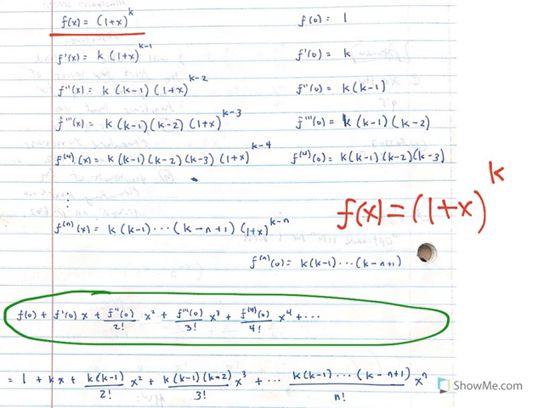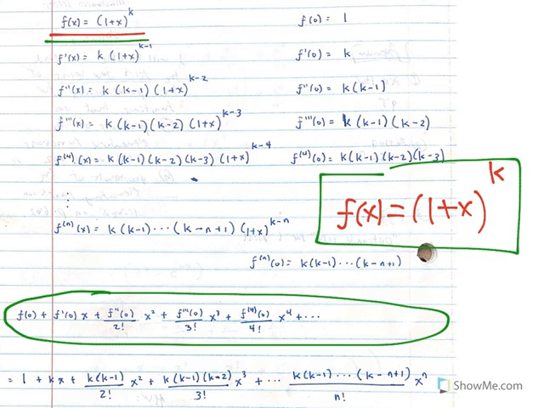So what we must do is evaluate our function, which I underlined here, at the center, which will be 0. So what is f of 0? F of 0 will be (1 plus 0) to the k power. So that would be 1 to the k power, and that would just be 1. 1 raised to any power is 1.